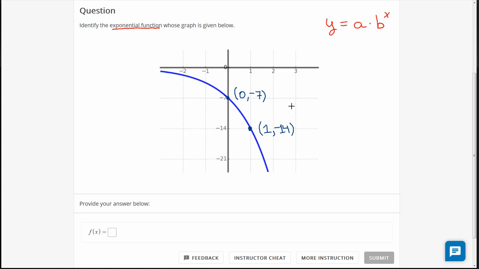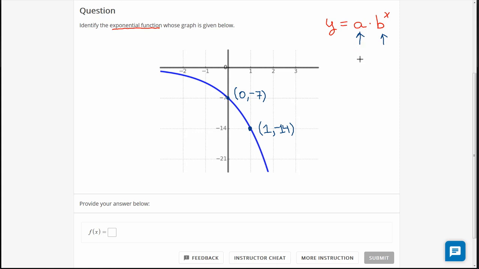Okay, so what are we trying to do? We're trying to figure out the value of a, and we're trying to figure out the value of b, because a is supposed to be a non-zero constant, and b is supposed to be a positive non-1 constant. Sorry, I misspoke there. So we've got to figure out what a and b are.